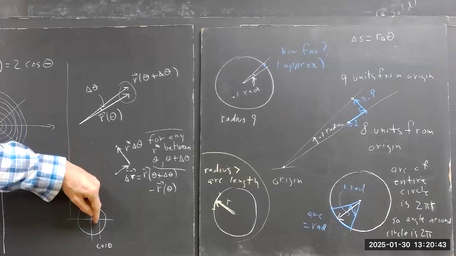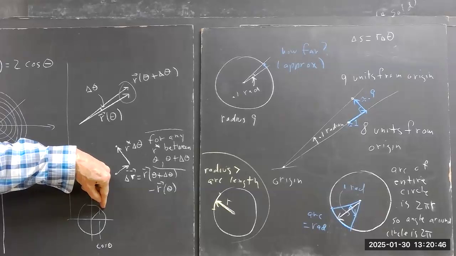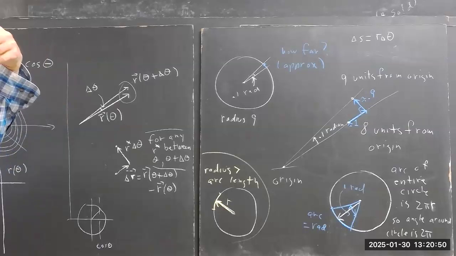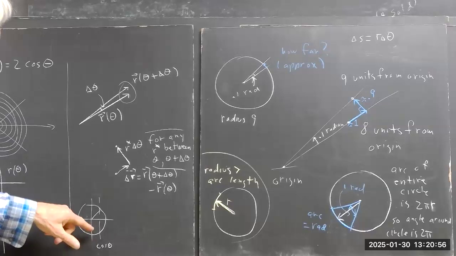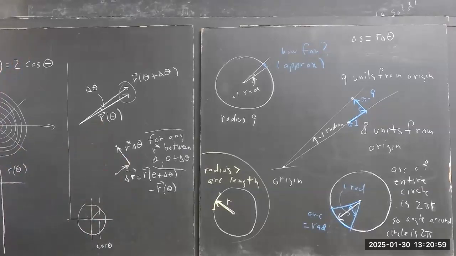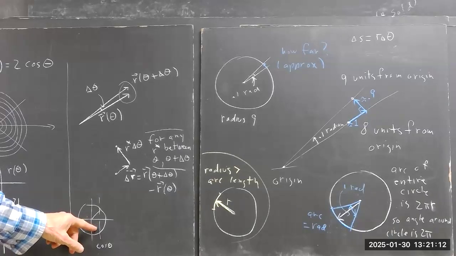That looks like about 0.6, and that looks like about pi over 4, right? But of course, you know that the angle pi over 4 gives you sine and cosine both equal to the square root of 2 over 2, which is about 0.7. So the picture's not totally accurate. But if I tell you that the cosine of pi over 4 is about 0.7, then it's reasonable in terms of this picture, considering this picture is hand drawn.